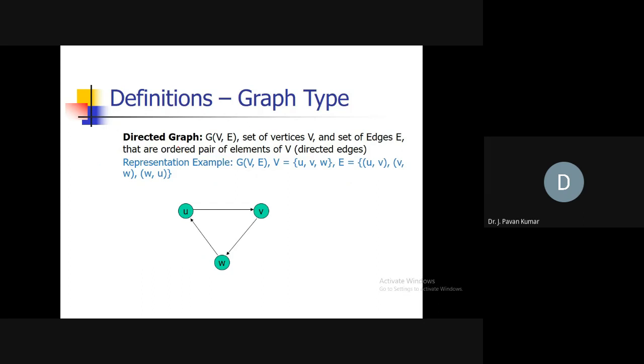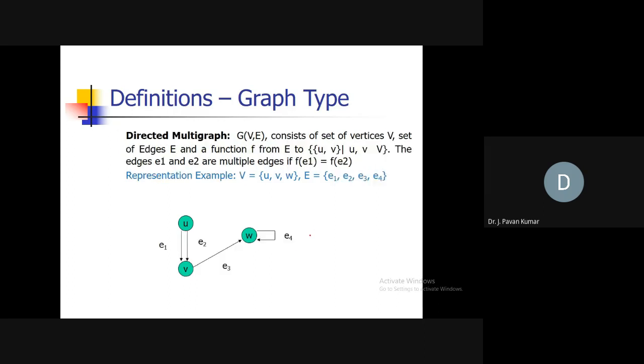Next, coming to the classification of a directed graph, of course, we have seen this. For every edge, if you have a direction, then it is a directed graph. Next, a directed multigraph, in the sense we are having a direction for every edge and we are having multiple edges as well. That is, from u to v there exist multiple edges, e1 and e2 are multiple edges, and here self loops are also allowed.